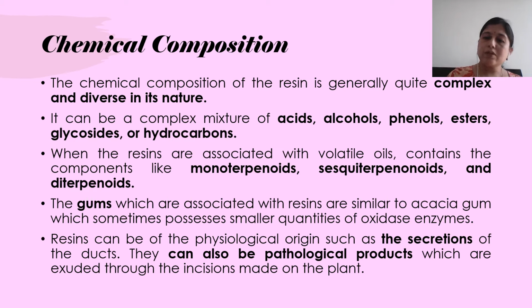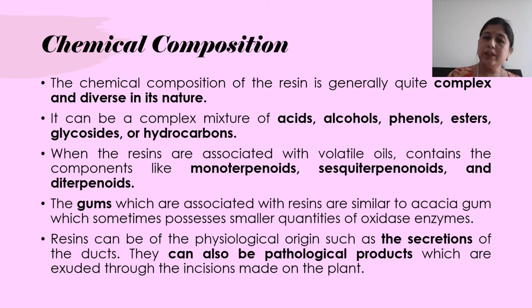The same is true of fixed oils and resins. When they come together, we call them oleoresins. And when there is a combination of gum, oil and resins, we call it gum oleoresins. So they always exist in a complex mixture, and it is very difficult to isolate each ingredient separately and study it.